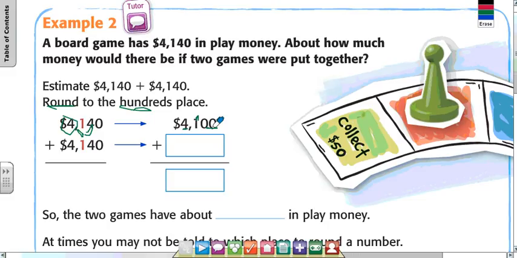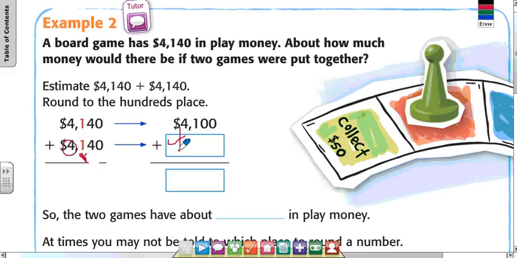Now let's do the one at the bottom. What number's in the hundreds place? 1. Am I working with this 4 right here? No. I put that one down first. I'm not working with this 4 because that 4 is in the thousands place.